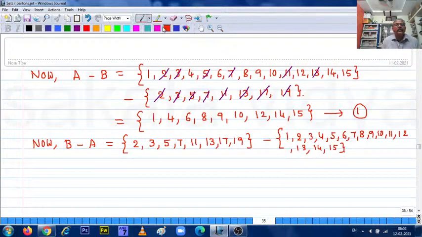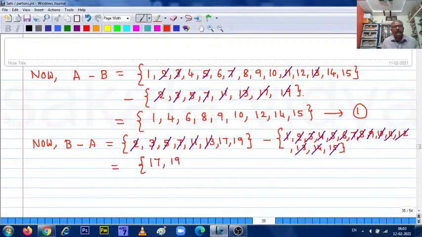Now what we need to do? 2, 3, 5, 7, 11, 13 cancel. We have only two elements remaining, that is 17, 19.